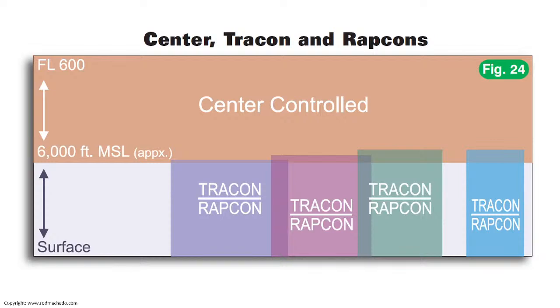So center controls everything above roughly 6,000 feet. Now you see the TRACONs and the RAPCONs reach up into that in some places, so you may be at 8,000 or 10,000 feet. A Charlie will always own the airspace up to at least the top of the Charlie.